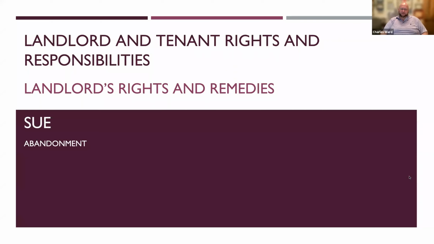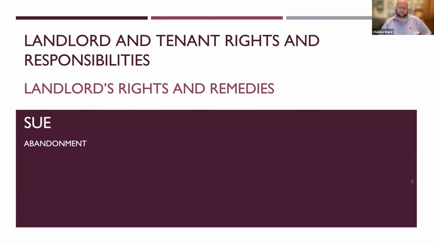Abandonment. So the tenant just ups and leaves, and you don't know what has happened or why they've left, but they didn't give notice, and there's no indication that they had another rightful reason to leave. If they're gone for more than 7 days without notice, now obviously a reasonable landlord, if he thinks it's been abandoned or knows it's been empty for more than 7 days, is probably going to try to call the tenant and say, hey, what's going on?